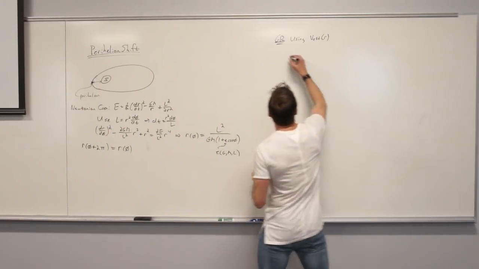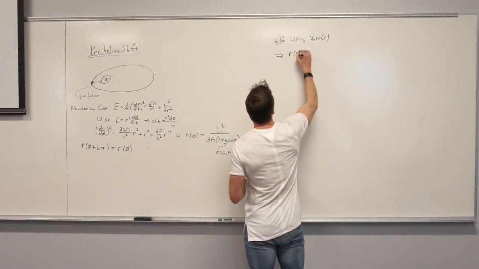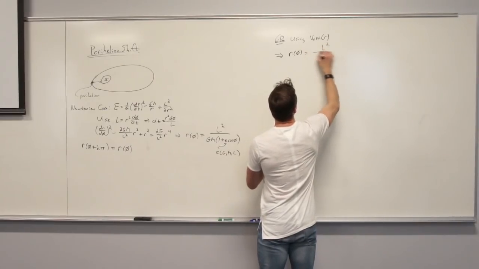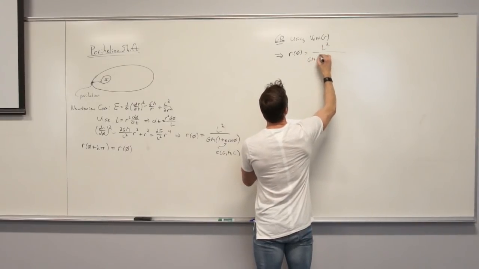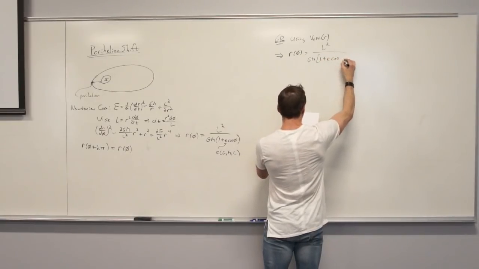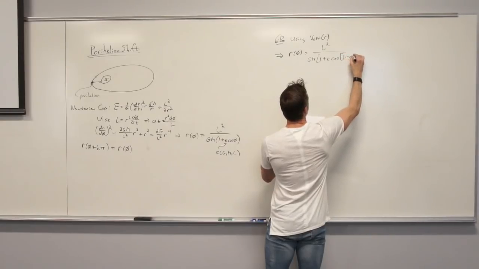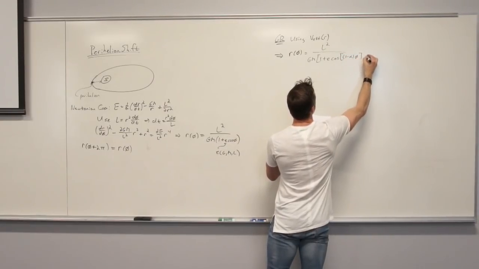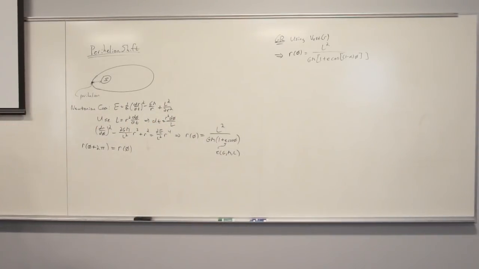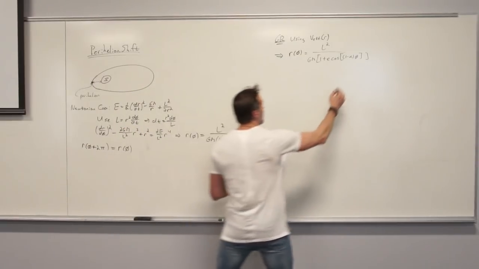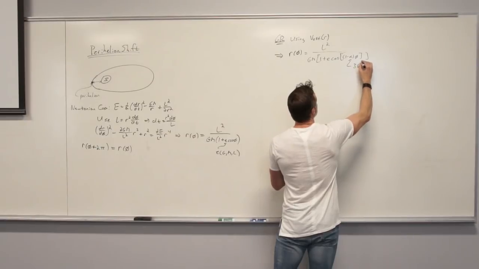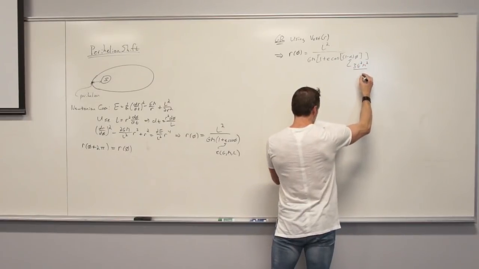And in this situation, our r as a function of phi comes out to be L squared over GM times 1 plus epsilon cosine of (1 minus alpha) phi, where this quantity alpha, and again, this would come from actually solving the differential equation, is equal to 3G squared M squared over L squared.